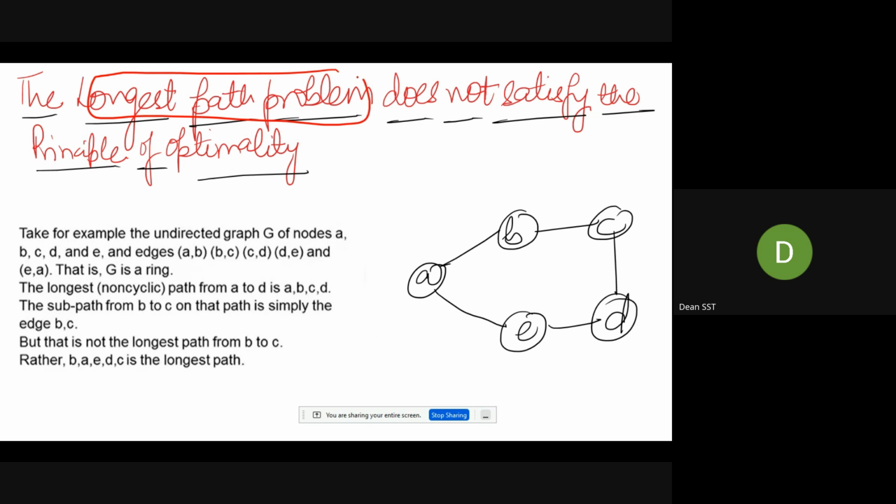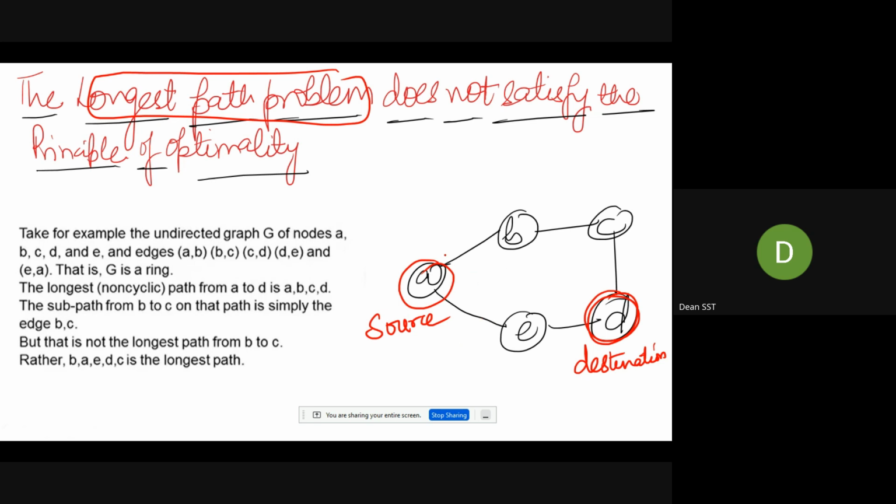Suppose I am having source as A and destination as D. Is it clear?